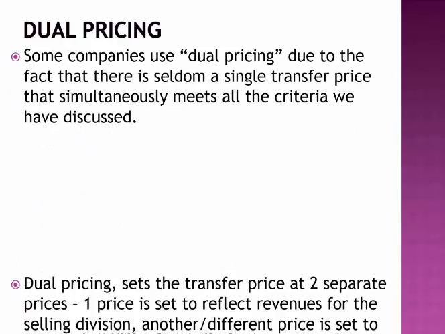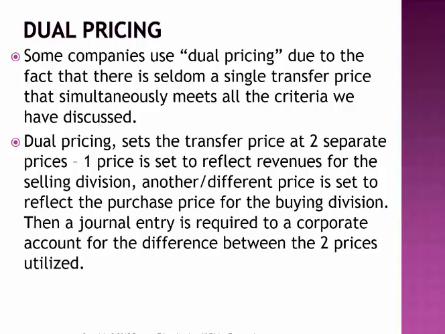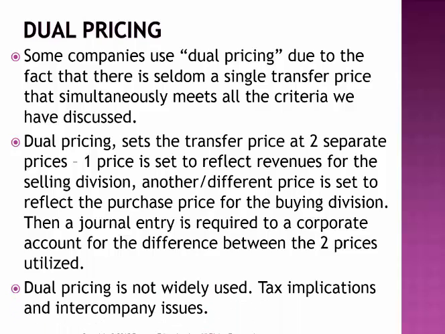Again, I did mention dual pricing and how it's able to be used, and that there can be a journal entry at the corporate account level in order to make that difference between the 2 prices show accordingly in the financial reports. Dual pricing, according to the publisher, is not widely used because it can make dealing with our taxes difficult, because as we've seen in the example, we've got one division that's in a different country.